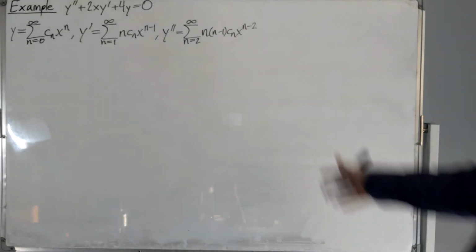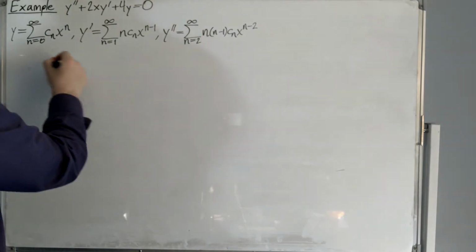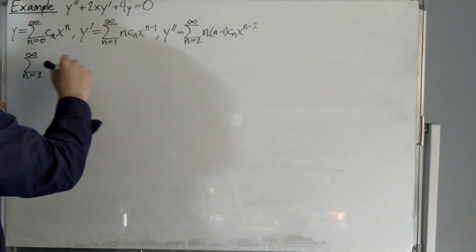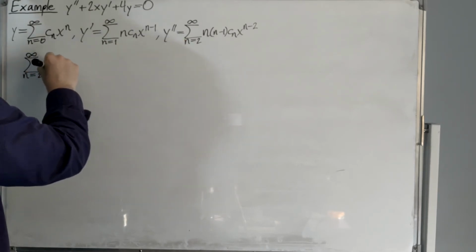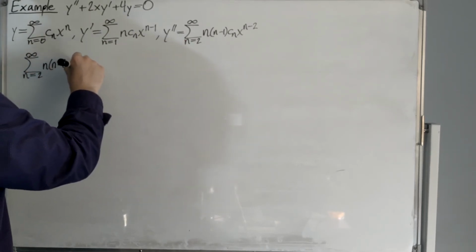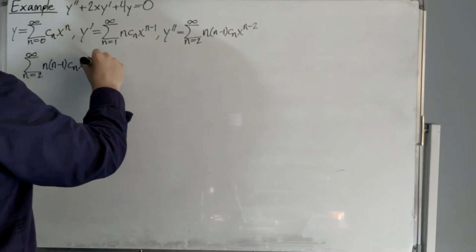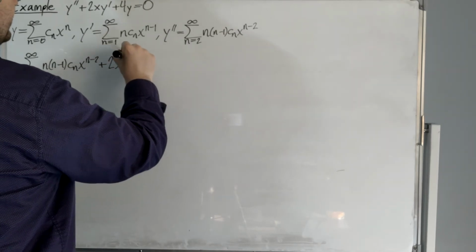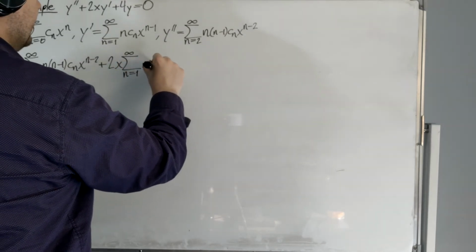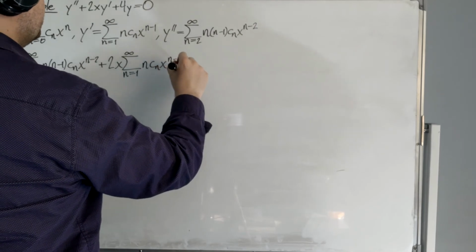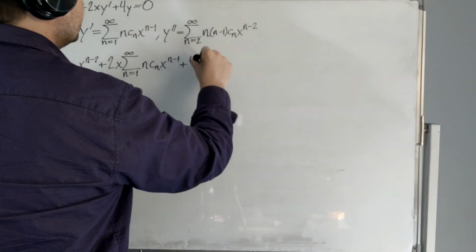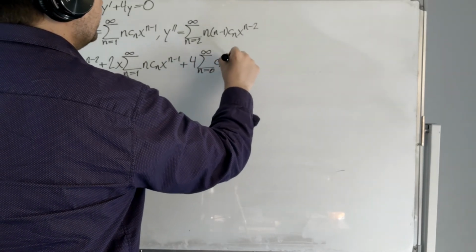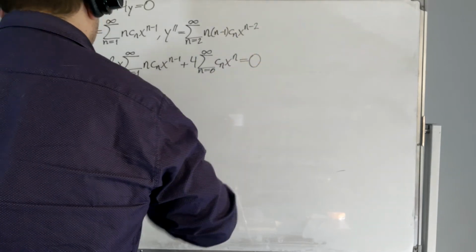You put that information into the original ODE, and what you'll get is sum from n equals 2 to infinity, n times n minus 1, Cn x to the n minus 2, plus 2x times sum from n equals 1 to infinity, n Cn x to the n minus 1, plus 4 times the sum from n equals 0 to infinity, Cn x to the n. This is all equal to 0.